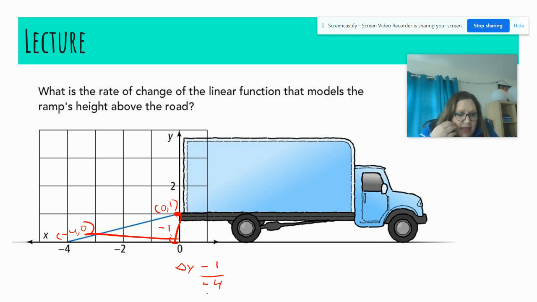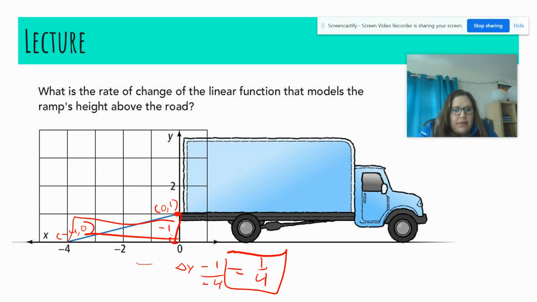And remember, a negative over a negative is actually going to be a positive, and we can see that here because the ramp is going up from left to right. Negative 1 over negative 4 is the same as 1/4. Those negatives cancel out. So the slope here is 1/4. Or you can even say here we go up 1 over 4. All right, let's keep going.